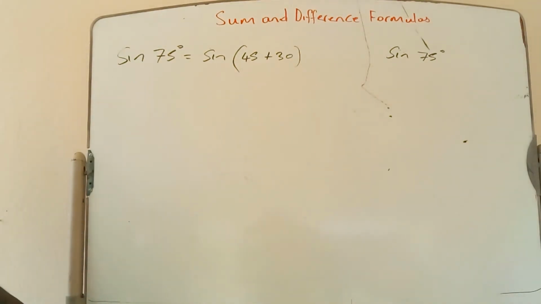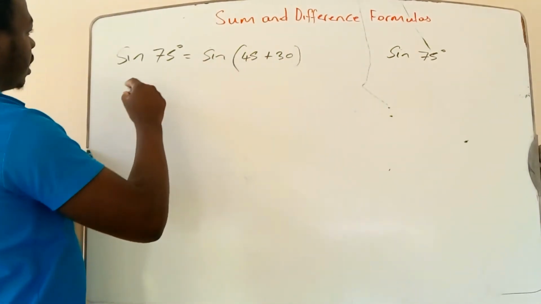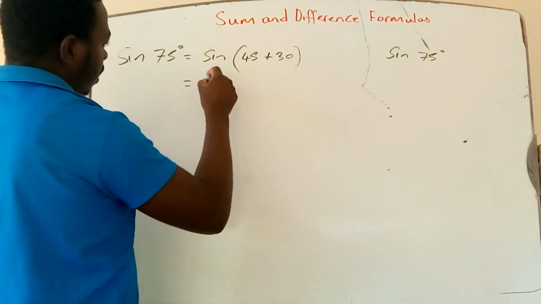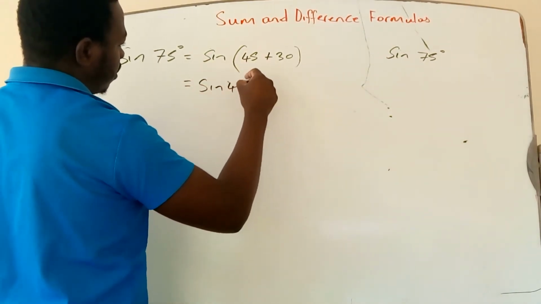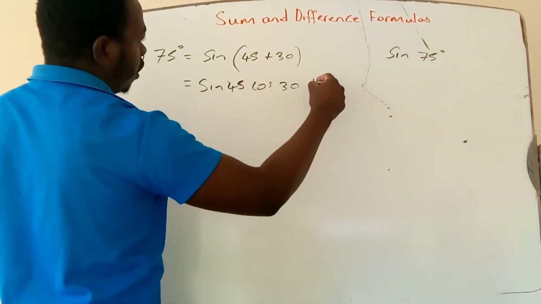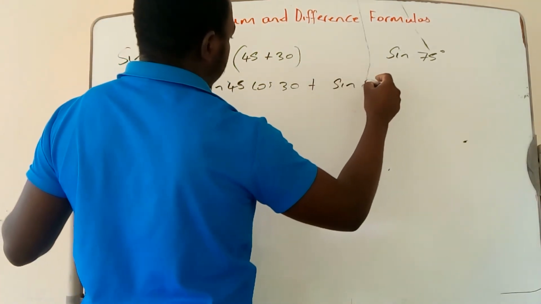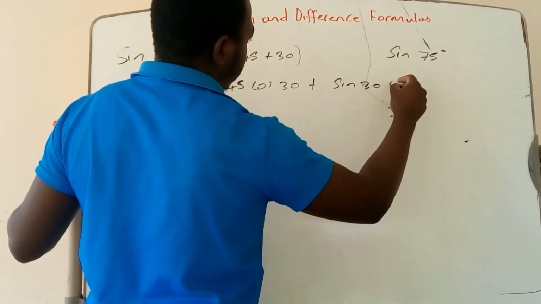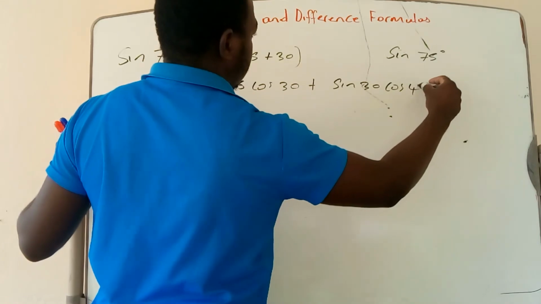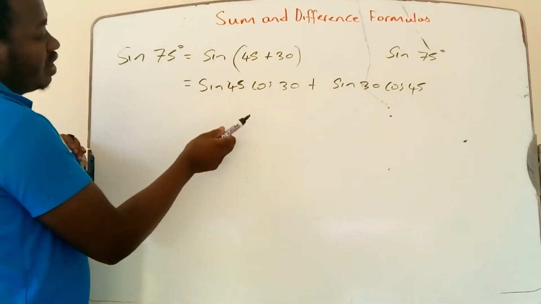Now we can expand this: it is equal to sine of 45 degrees times cos of 30 degrees plus sine of 30 degrees times cos of 45 degrees. So that's what sine 75 equals.